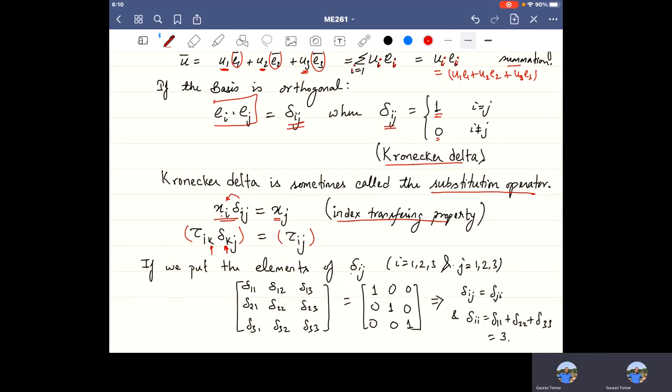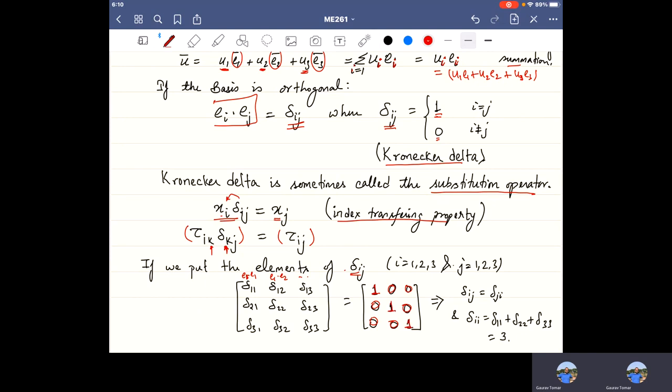Now we can put the elements of delta ij in a matrix form in this way. Delta 1 1 is e1 dot e1, then e1 dot e2, and so on. Because e1, e2, e3 are all orthogonal vectors, the dot product goes to 0 wherever i is not equal to j, and e1 dot e1 is 1, e2 dot e2 is 1, and e3 dot e3 is 1.